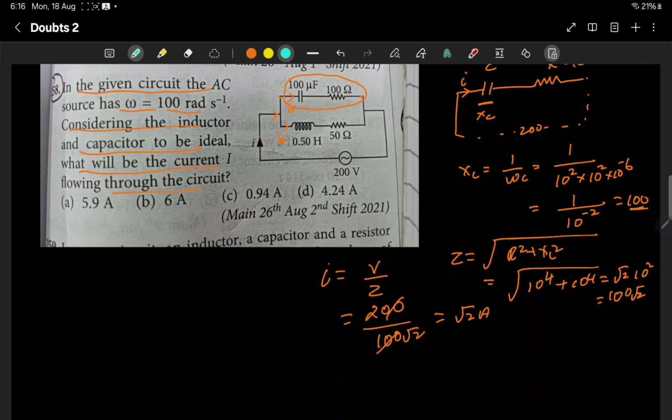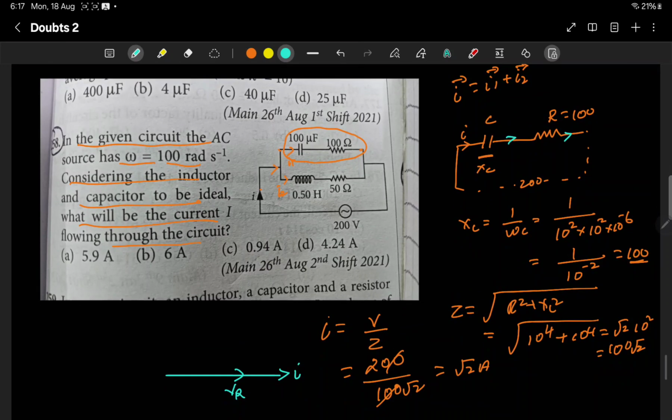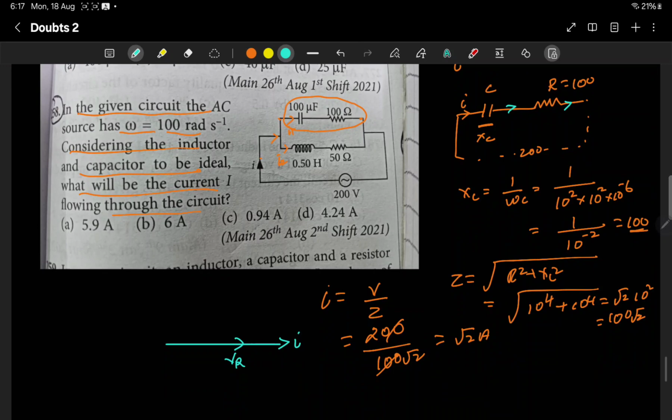Here if you see, in this circuit the current flowing is constant. So let me draw the phasor diagram for that. Let me represent the current on the x-axis, because it is constant in this. Over here the voltage across the resistor will be in phase with the current, but the voltage across the capacitor, how will it be?